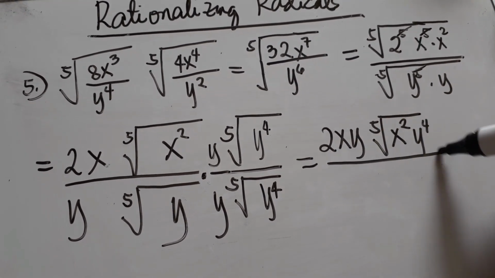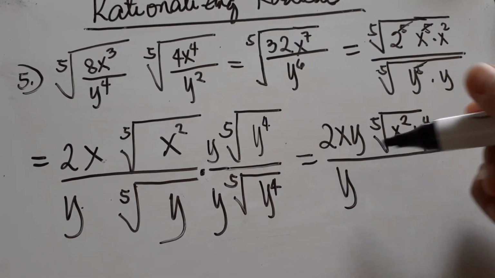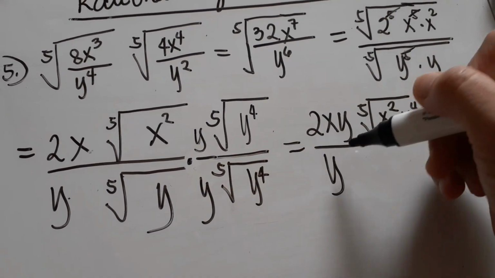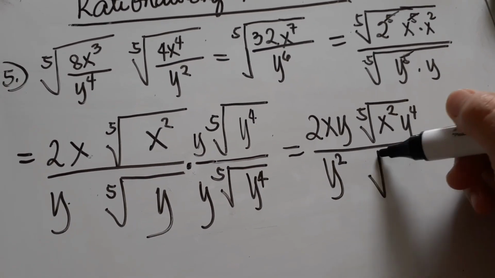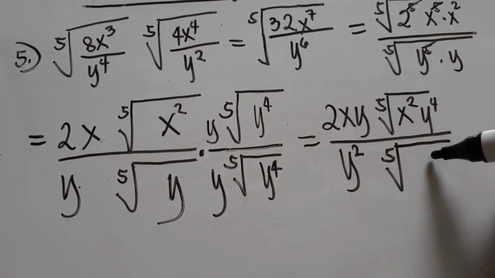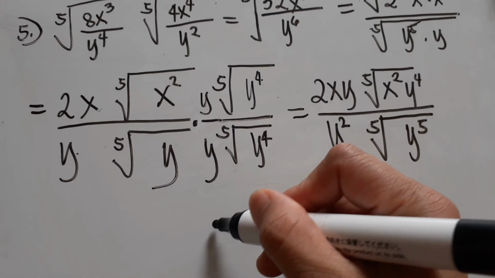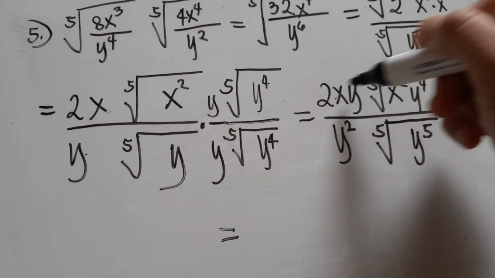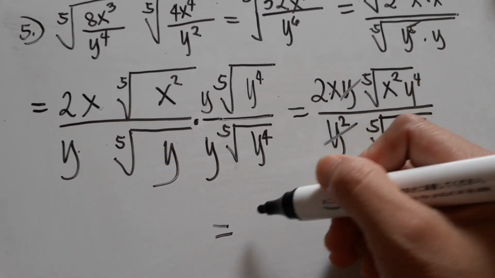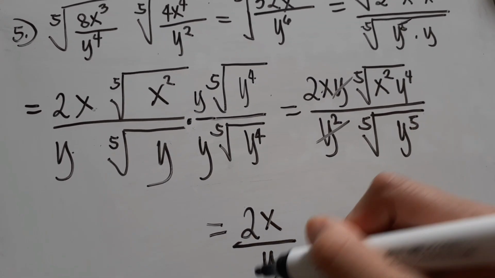The fifth root of x squared times the fifth root of y to the 4th is the fifth root of x squared y to the 4th. And y times y is y squared. Then y times y to the 4th is y to the 5th. Then cancelling out y, which is 2x over y.